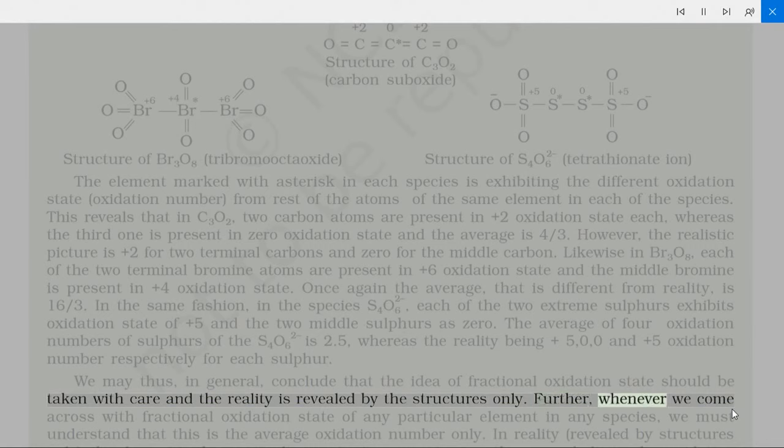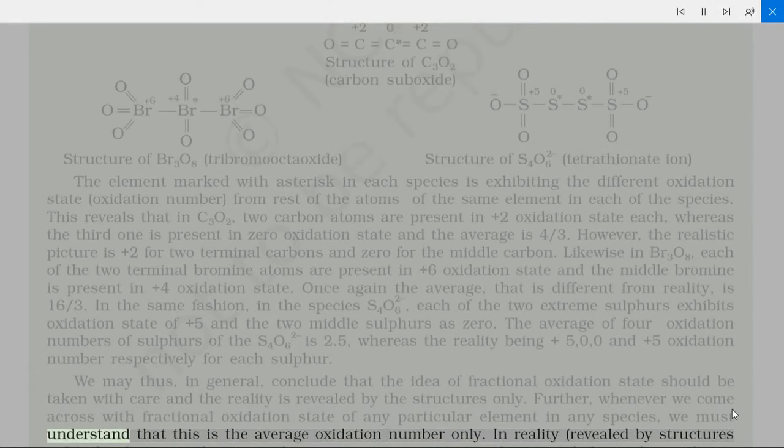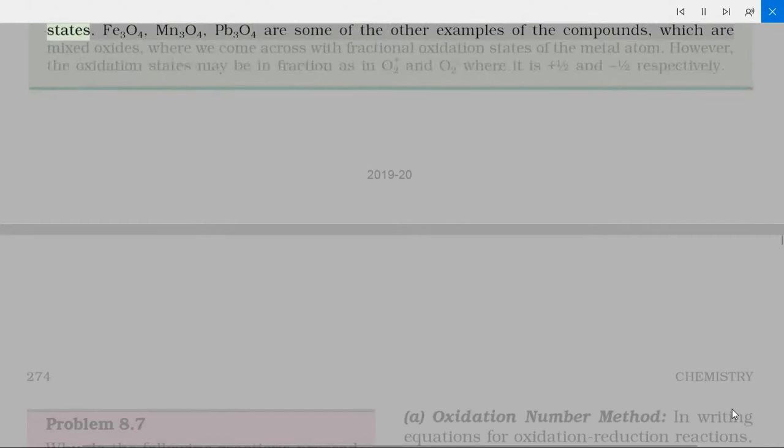Further, whenever we come across a fractional oxidation state of any particular element in any species, we must understand that this is the average oxidation number only. In reality, revealed by structures only, the element in that particular species is present in more than one whole number oxidation state.